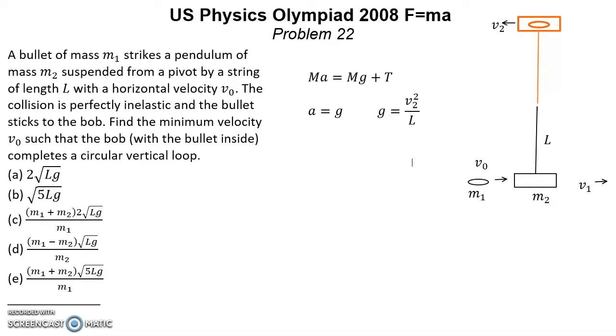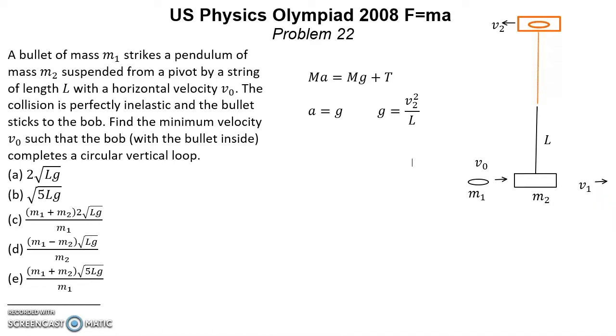So next step, if we know the velocity at the highest point, we can find the velocity at the lowest point right after the collision. So we have to find v1. For that we can use energy conservation.